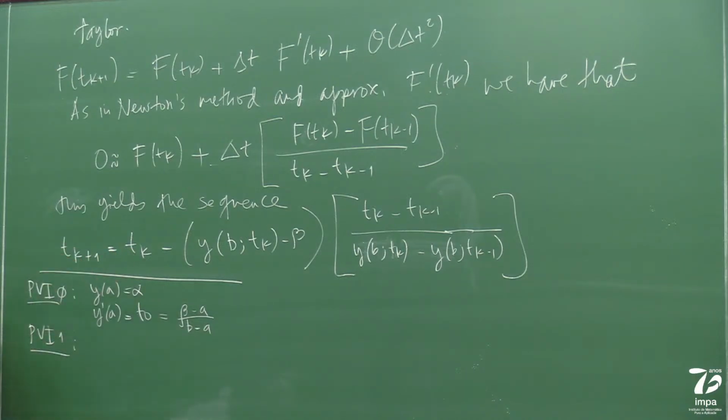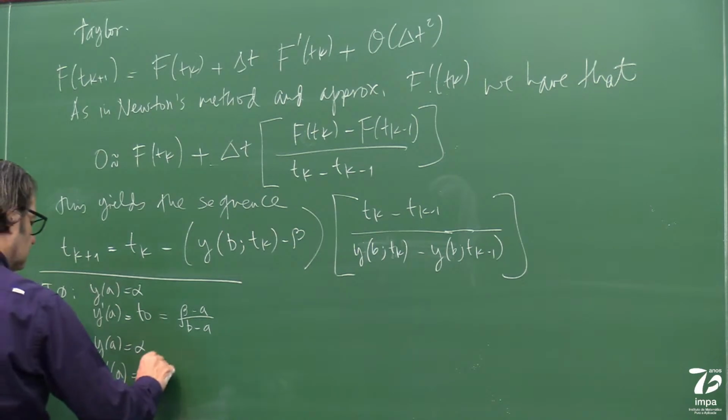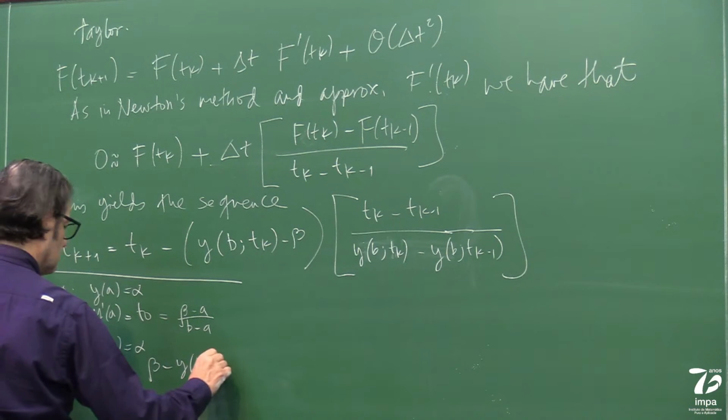So our second attempt for our PVI is this one, using what happened in the previous case. It's a little bit like a straight line.